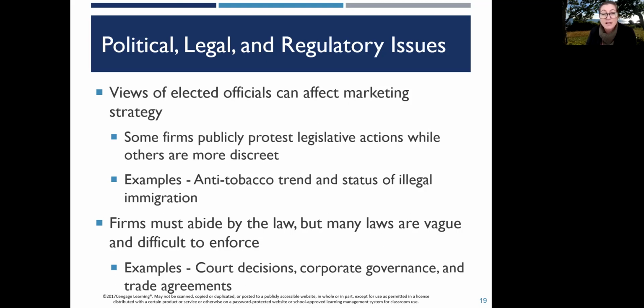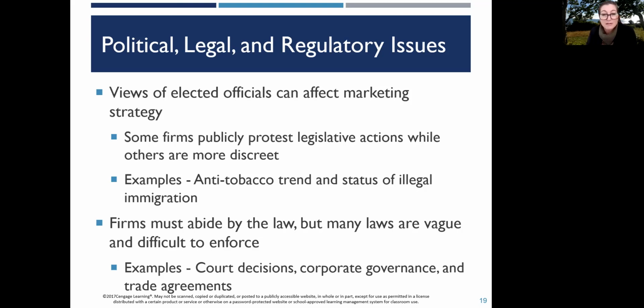And we see an example of this with regards to, well, Beryl and Hartline flag anti-tobacco trends and the status of illegal immigration. But I'm going to add in there, how about we talk about systematic racism and discriminatory laws that are very much to do with the people business, and that's what marketing is.